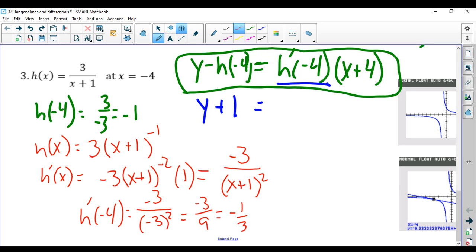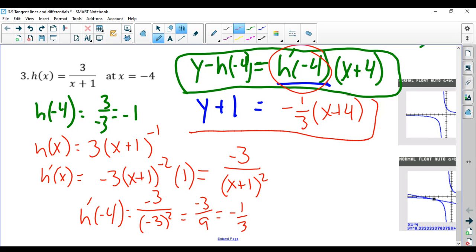And we just plug that in here. So -1/3 times x plus 4. And that is all you need to do. However, if you're going to check on the calculator, you're going to have to put it in y equals mx plus b form. So I'm going to do that real quickly. This is not necessary. If you're confident with your answer here, leave it.